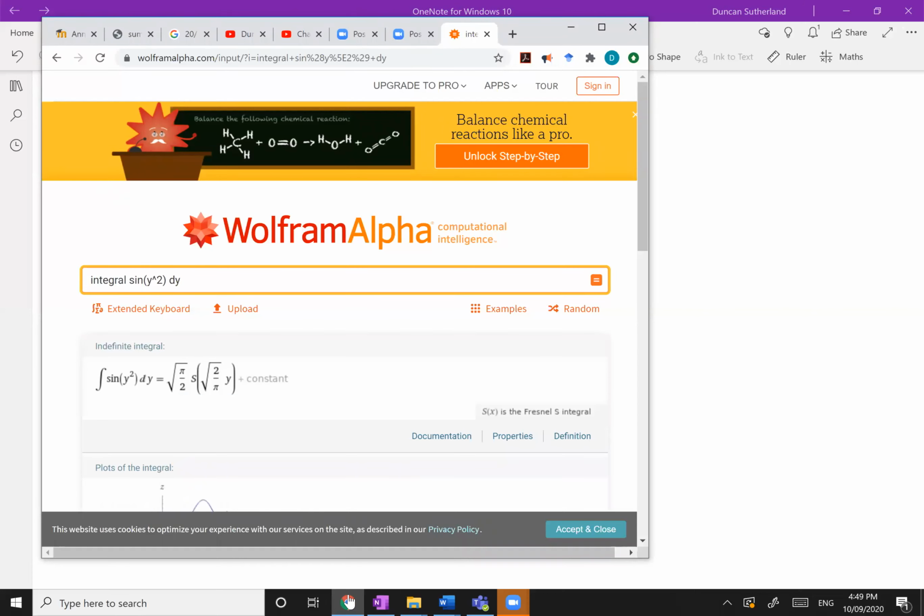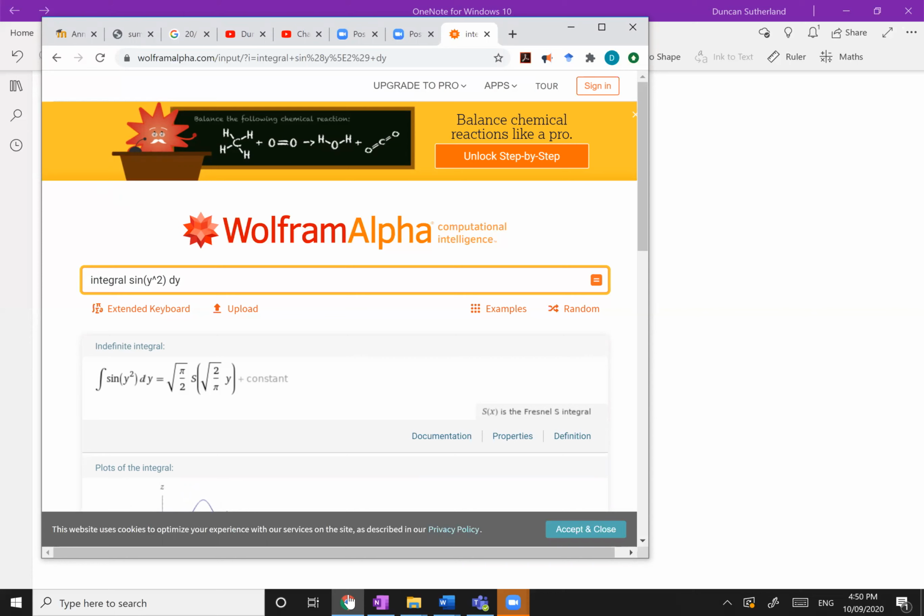The Fresnel integral is a special function. It's actually a useful thing to define. It's useful to define the integral of sine y squared with respect to y as its own function called Fresnel S. It doesn't actually tell us anything. We don't know how to evaluate this integral.